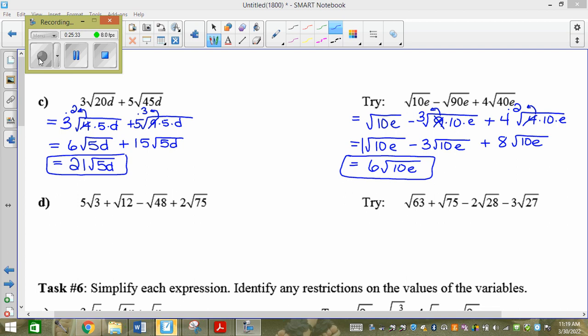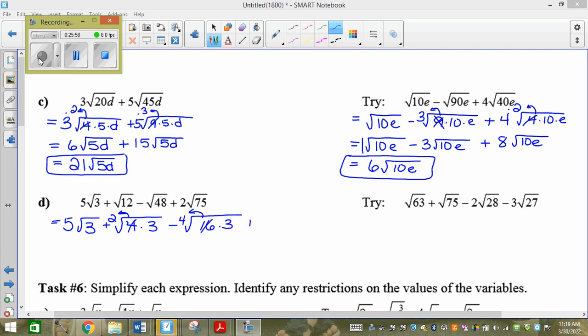D. I have 5 root 3 plus root 12 minus root 48 plus 2 root 75. 5 root 3 can't reduce. Root 12 can break down into 4 and 3. The 4 comes out and it's a 2. 48 breaks down into 16 and 3. The 16 comes out and it's a 4.